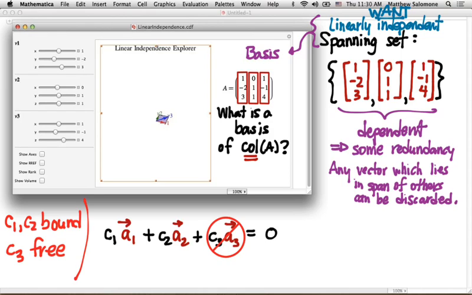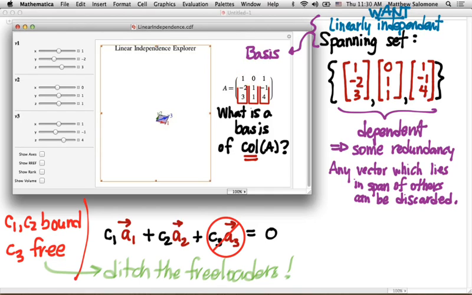So that's our strategy, is to figure out which variables are free and ditch the freeloaders. So now the only question that remains is, how do we figure out which of our vectors is associated with a free variable? Row reduce. There's our tool.